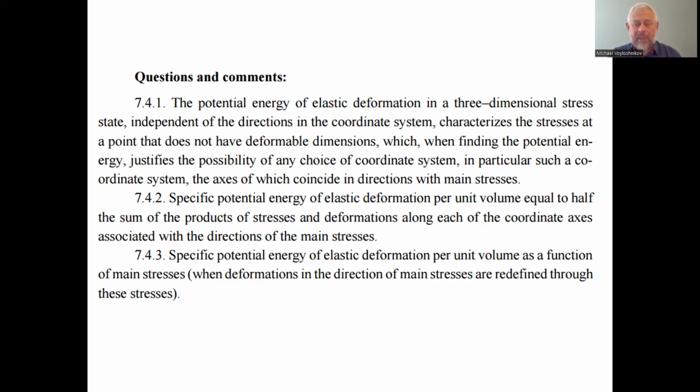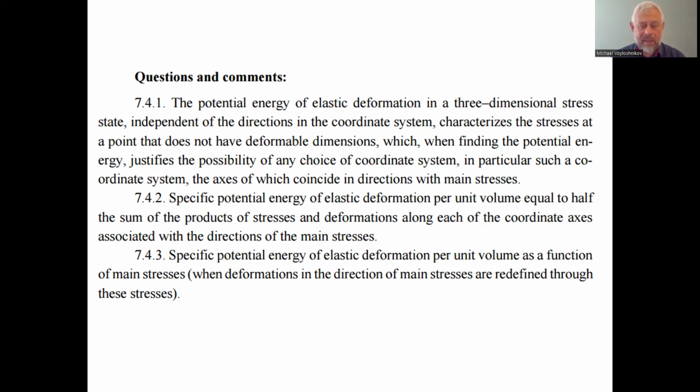And after that, we have to substitute the definition of the main normal stresses by the shearing stresses, which we derived before in articles 7.1, 7.2, 7.3, so the dependencies of tangential and normal stresses in the volumetric and in the plane stress-strain state.